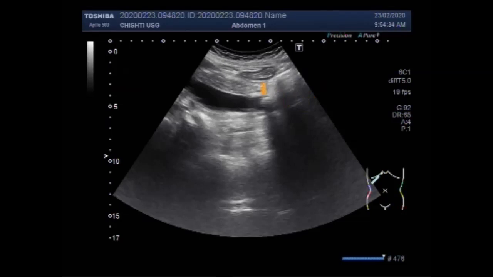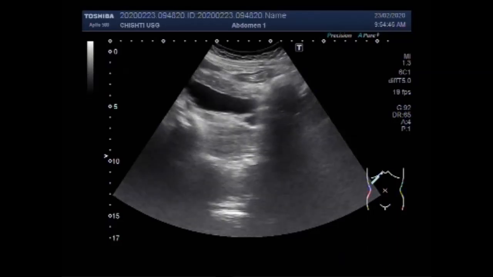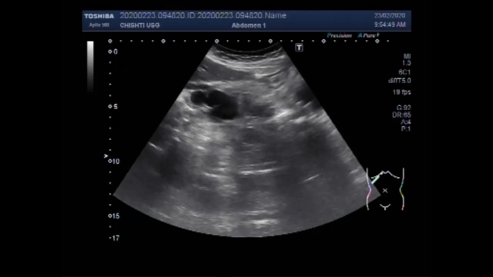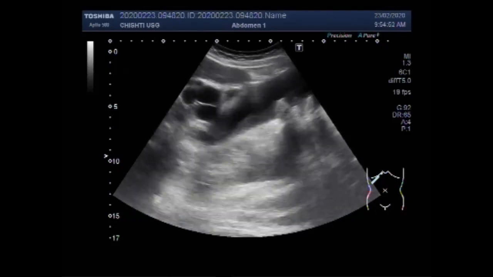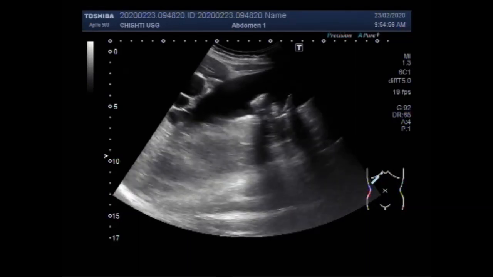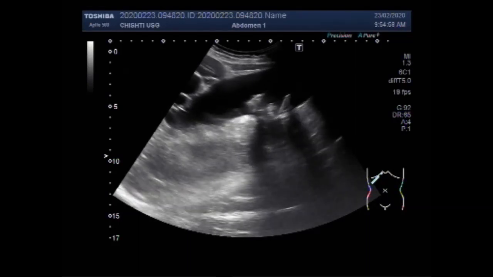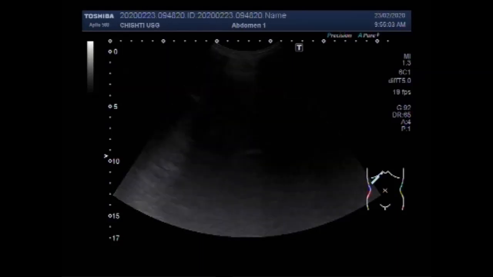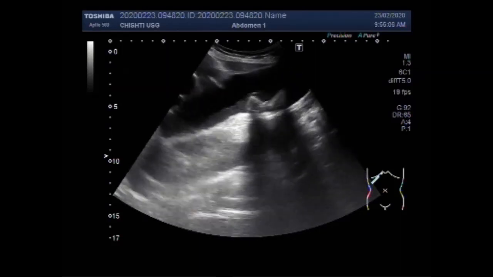Now you can see a stone in the bile duct. Now you can see the stones in the gallbladder itself.